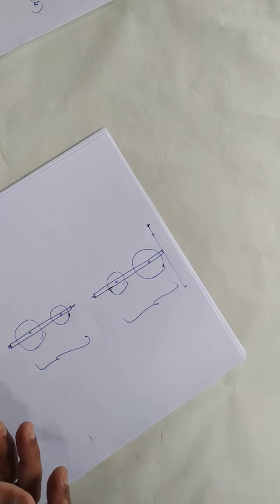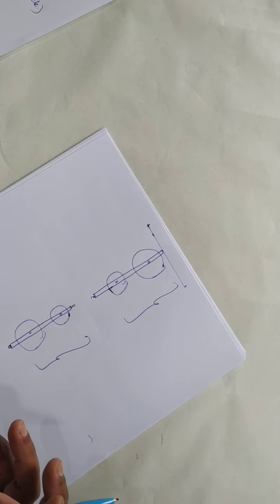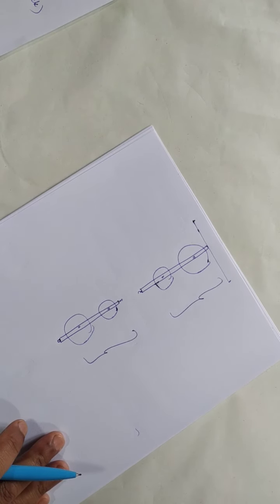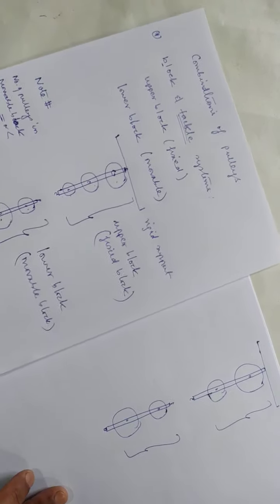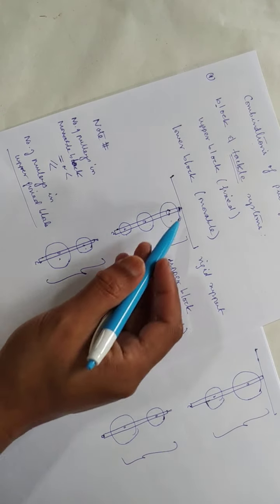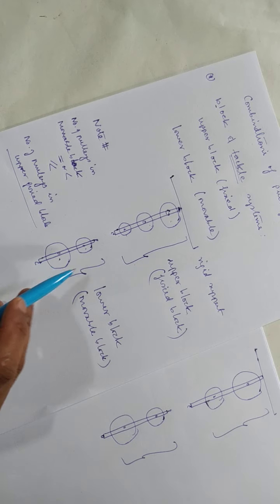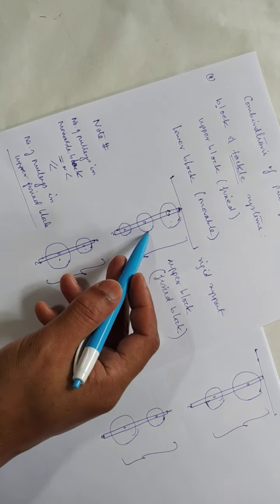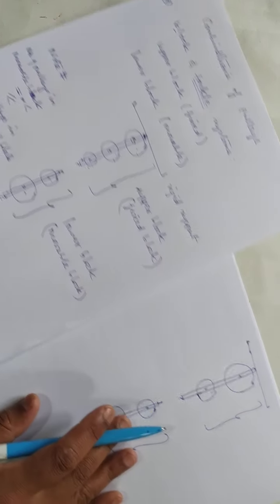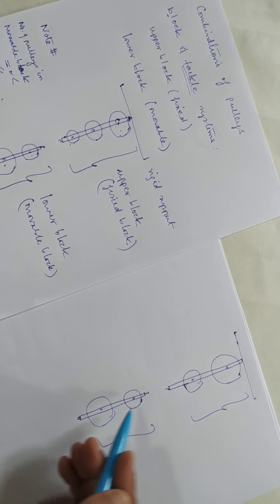Now what happens is, in the first case, if you see both the diagrams here, in the first case the number of pulleys is more. Here in the second case, we have the number of pulleys the same.